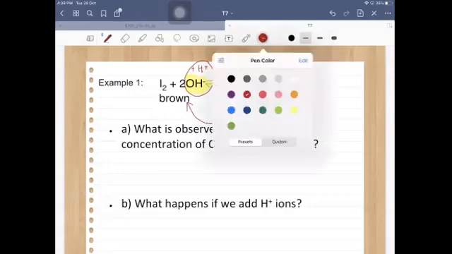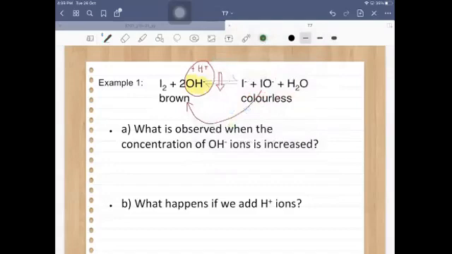The second way of seeing this is, as I said, I'm adding H plus and I've got OH minus in the mixture. That means I am forming H2O. Adding H plus is indirectly affecting the equilibrium mixture because I am now increasing my H2O.